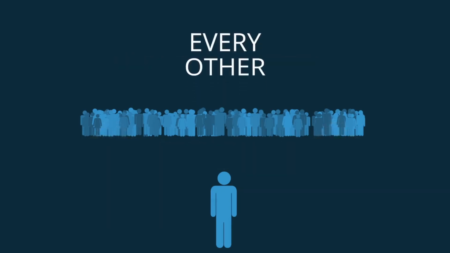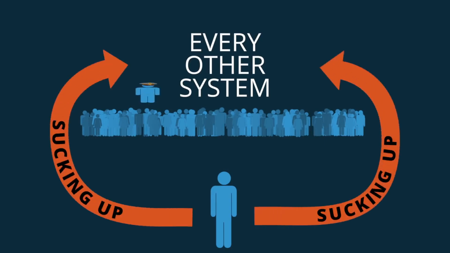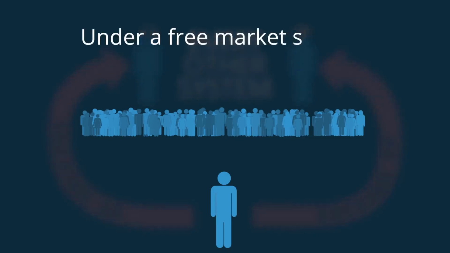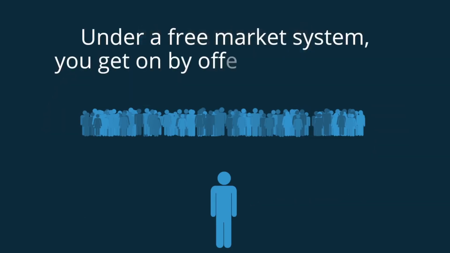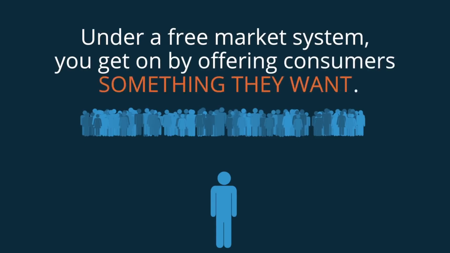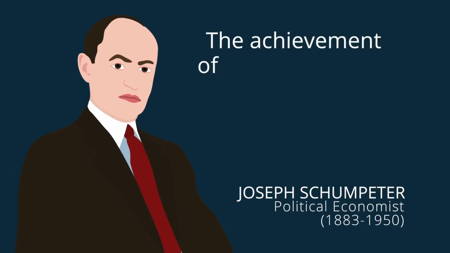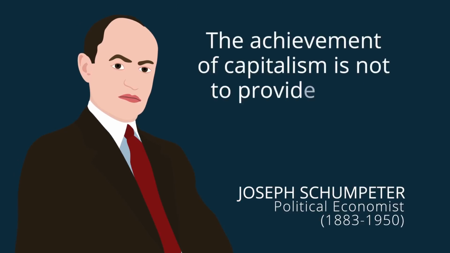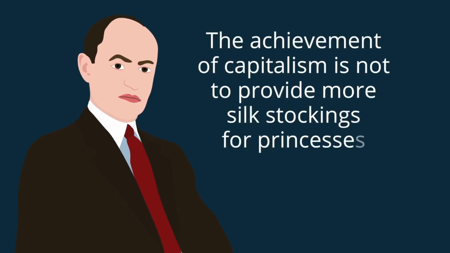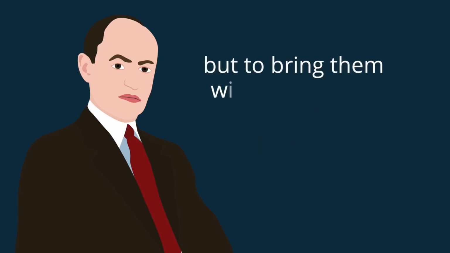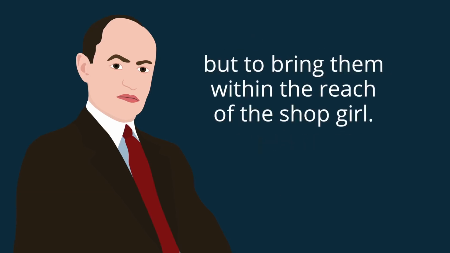Under every other system, you get on by sucking up to those in power, commissars or kings or dictators. But under a free market system, you get on by offering consumers something they want. As the economist Joseph Schumpeter put it, the achievement of capitalism is not to provide more silk stockings for princesses, but to bring them within the reach of the shop girl.